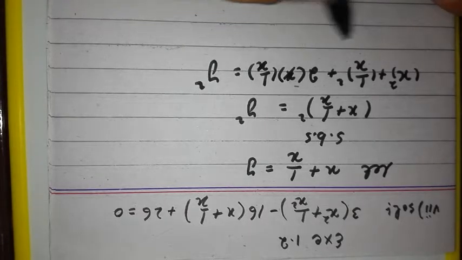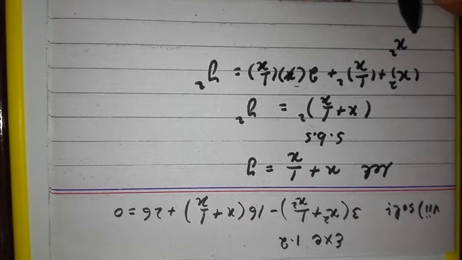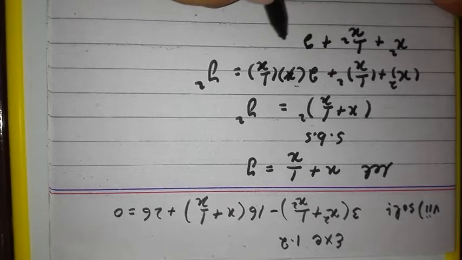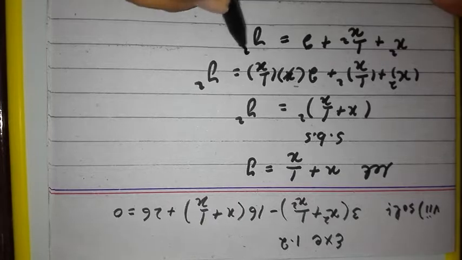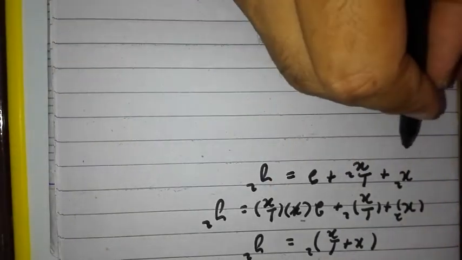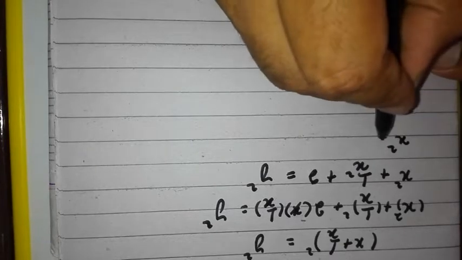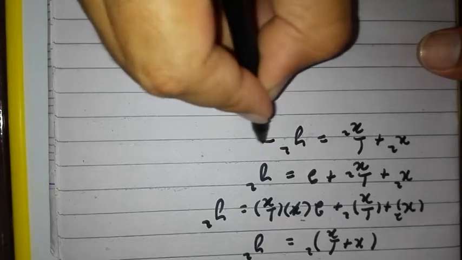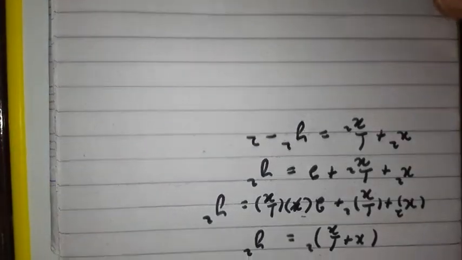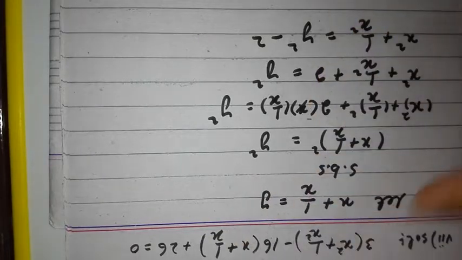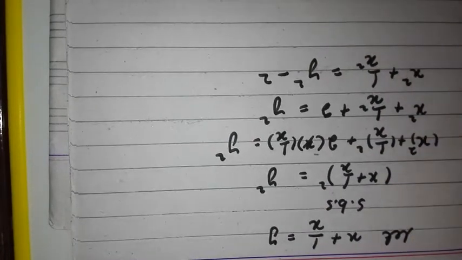This x cancels with this, we get x square plus 1 by x square plus 2 equals y square. Shift 2 to the right side, so we get x square plus 1 by x square equals y square minus 2. Now here put y and here put y square minus 2.